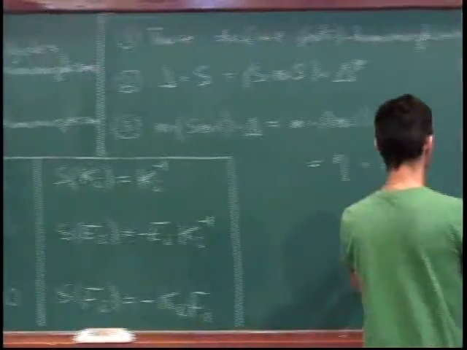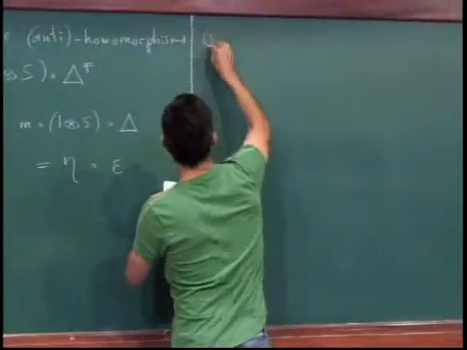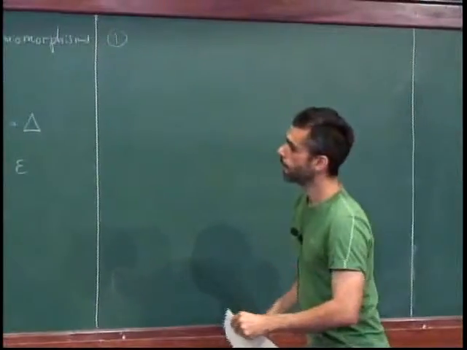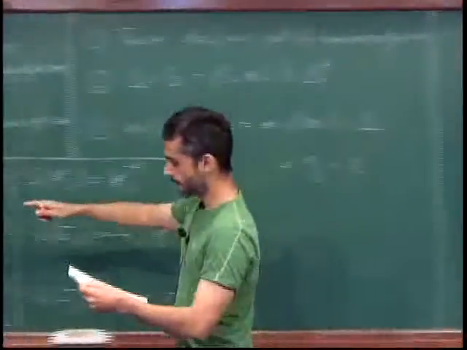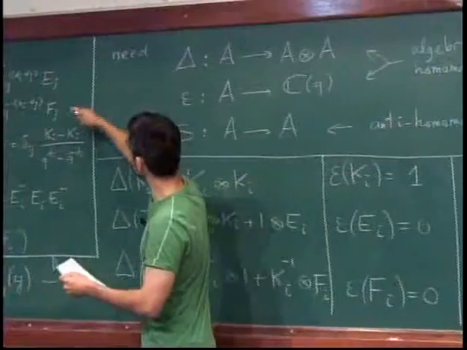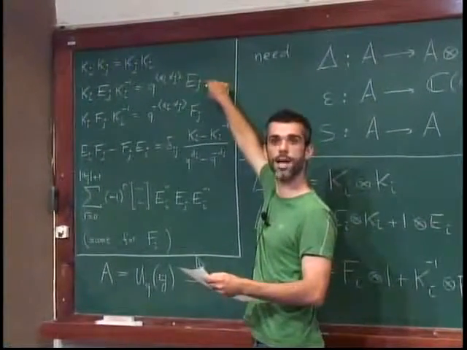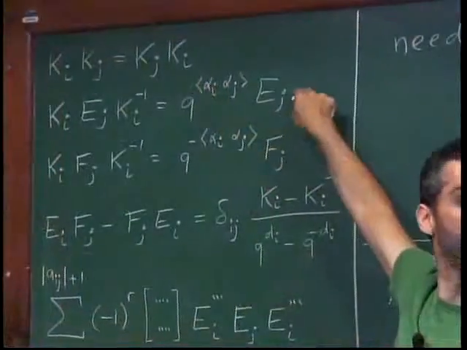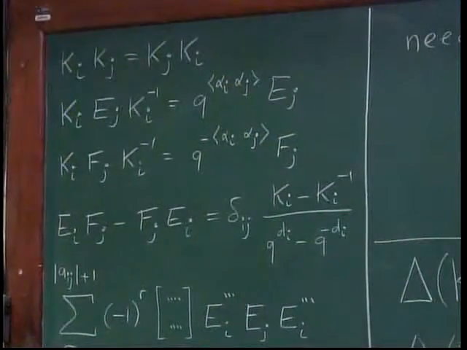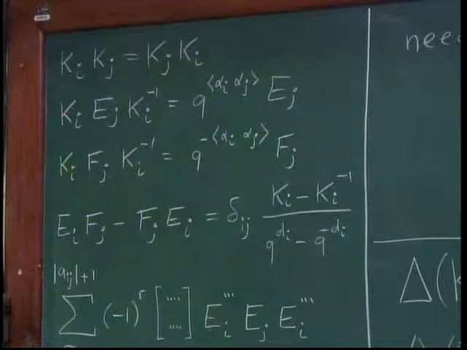Okay, so an example of one. I'm going to check this second relation. The first relation is too easy. I'm going to check that delta is compatible with this first relation. So let's do it.